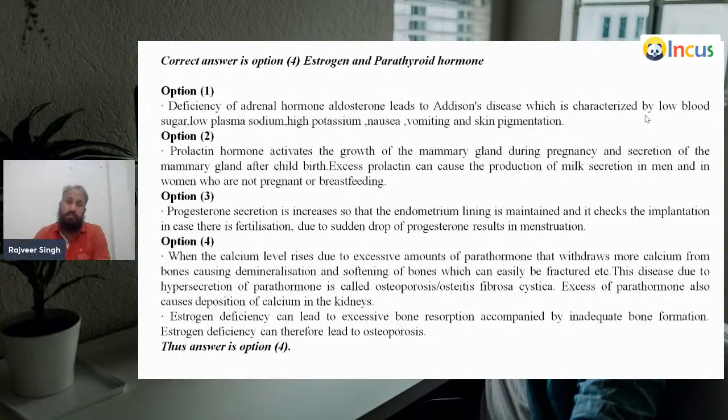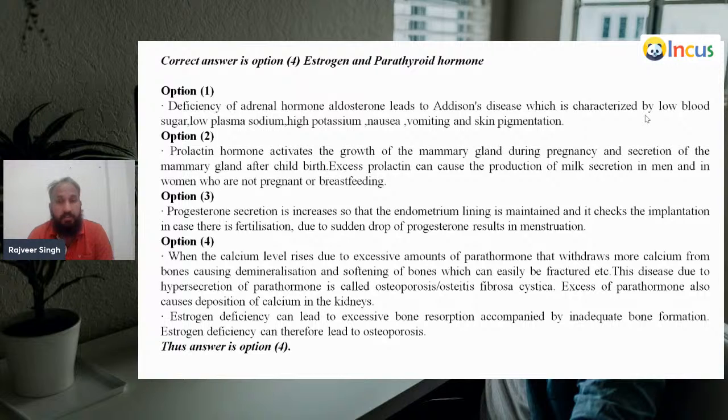Why do we choose it? Because if I talk about the first option, deficiency of adrenal hormone aldosterone leads to Addison's disease, which is characterized by low blood sugar, low plasma sodium, high potassium, nausea, vomiting, and skin pigmentation. Then prolactin hormone activates the growth of the mammary glands during pregnancy and secretion of the mammary glands after childbirth.